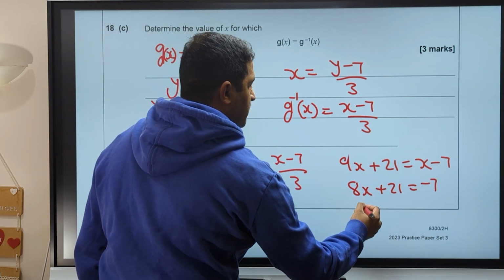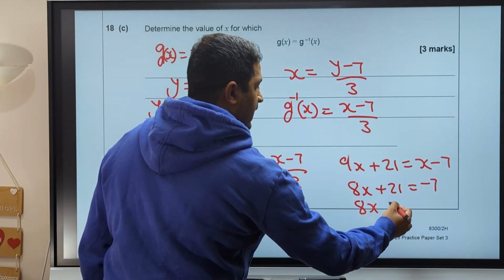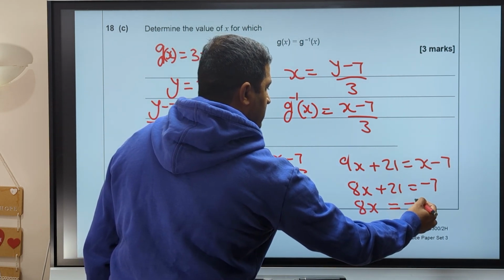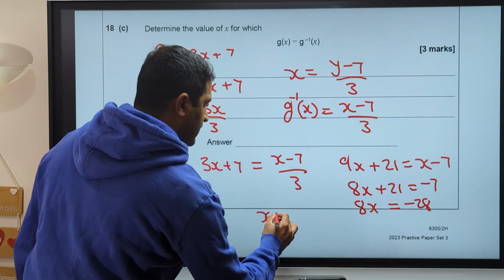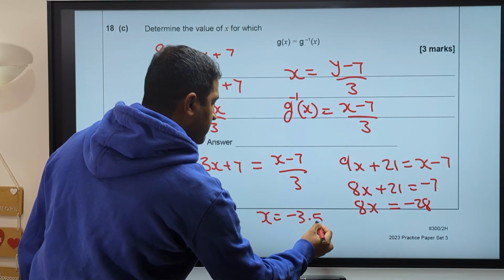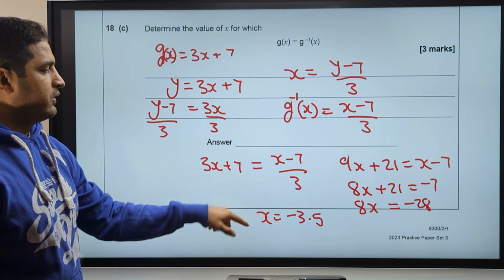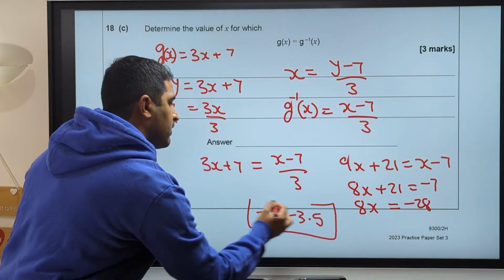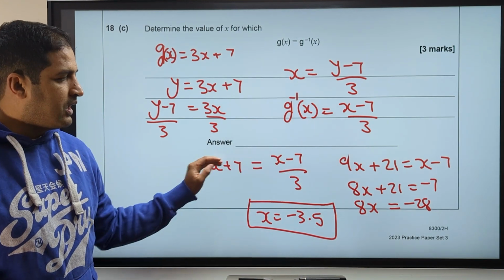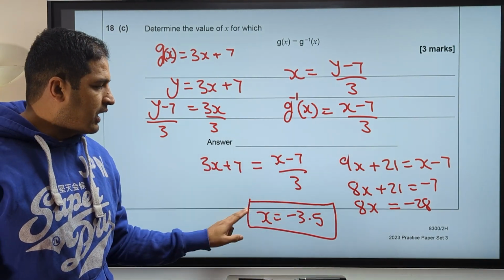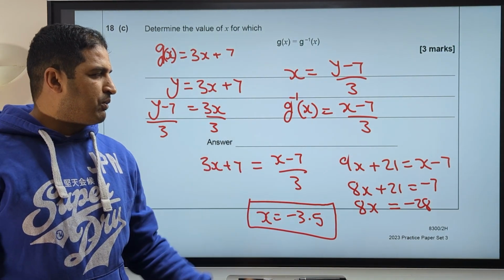Take away 21 from both sides, we get 8x equal to negative 28. Divide both sides by 8, we get x equal to negative 3.5. And that's our answer. We made both functions, g of x and the inverse function, equal to each other and solved that to get x equal to negative 3.5.